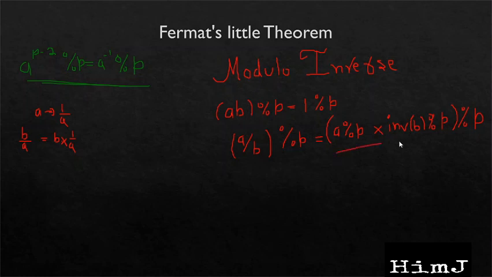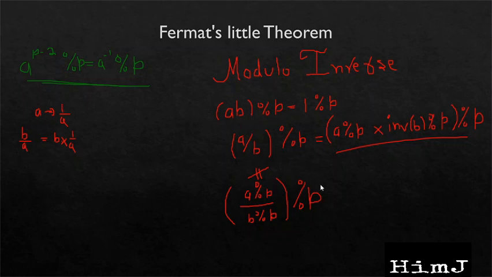So why do we use this expression instead of simply dividing a by b and then calculating modulo? Because these two things are not the same.